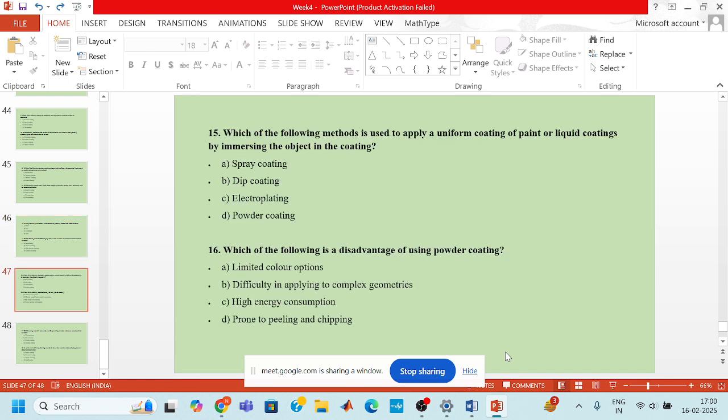Now next question is, which of the following methods is used to apply a uniform coating of paint or liquid coatings by immersing the object in the coating? Answer me. What answer will be right? Spray coating, dip coating, electroplating, powder coating.